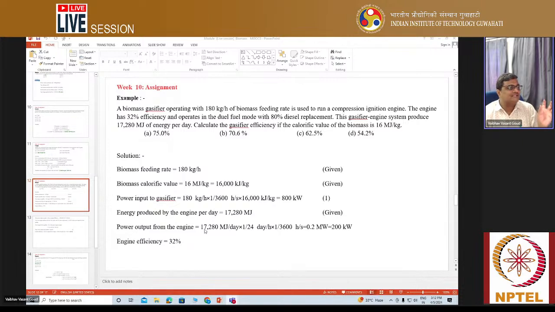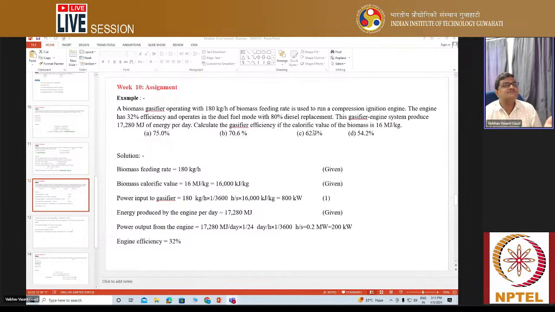We multiply by the day and convert into seconds, and the hour and day get cancelled, so we get megajoule per second, that is megawatt. We convert that megawatt into kilowatt here.